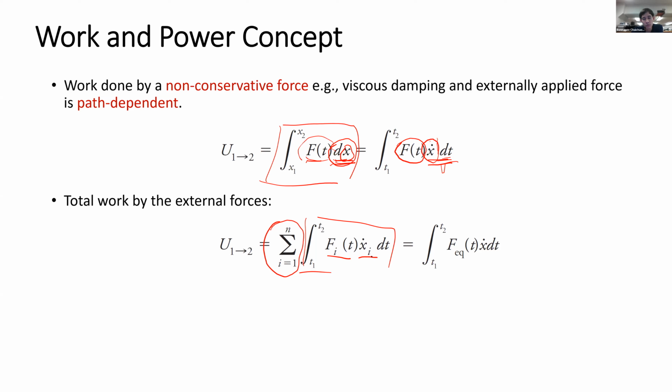Or, if you find the equivalent force of the system, instead of doing the summation of the integrals, you just integrate the equivalent force along the generalized coordinate. We can also do this.